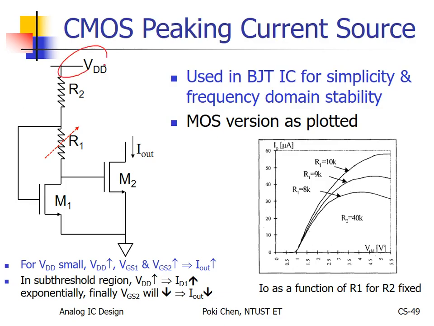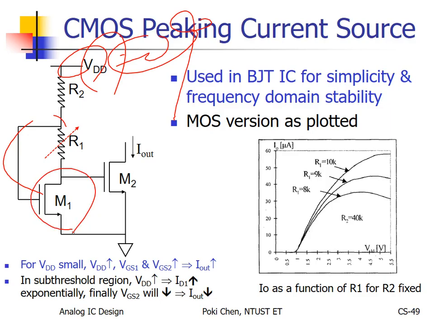Okay, from the very beginning, if no supply voltage, no current at all, right? After you increase the VDD, finally it gets some large enough voltage for your M1. If you increase VDD from 0 to something, finally you will accumulate large enough voltage to turn on M1.